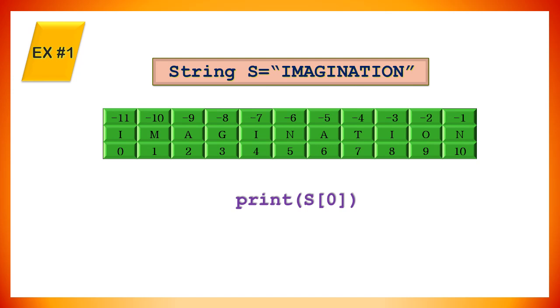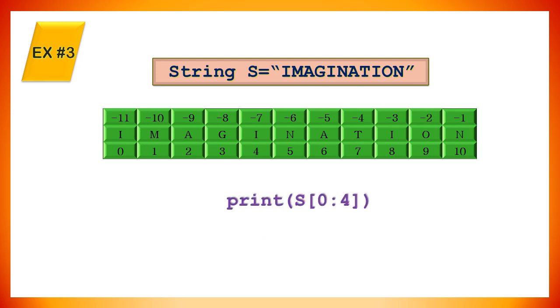In the 0th index, I is present, so in the output only I will be shown. In example number 2, S index -1 is extracted. In index -1, the last character N is present, so N will be shown in the output.